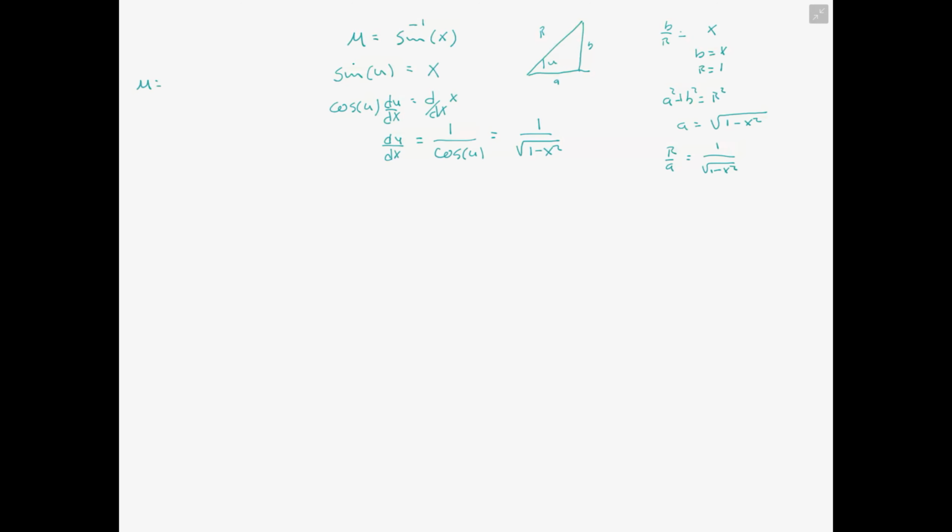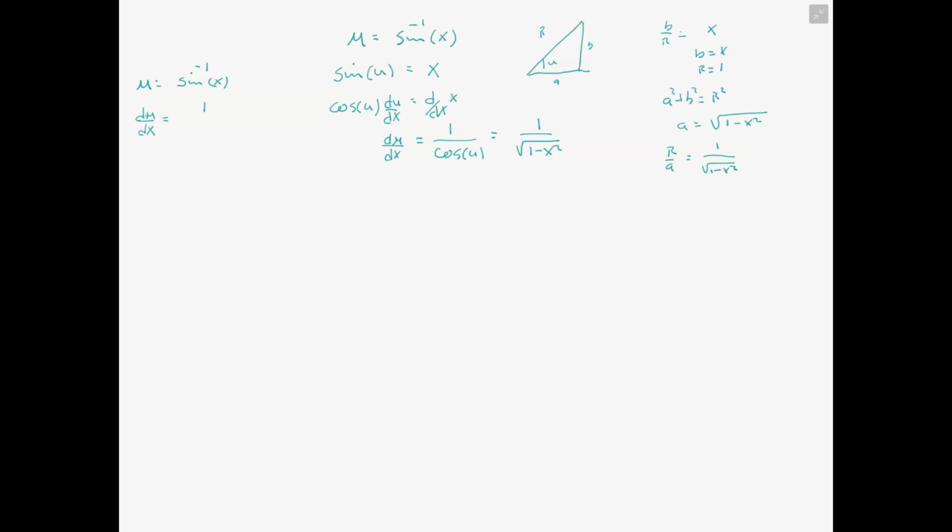So here we say u equals the arc sine of x. This is u, du, I keep forgetting. I always think in terms of y. You got to be careful with that. Du dx, that looks like a y again.